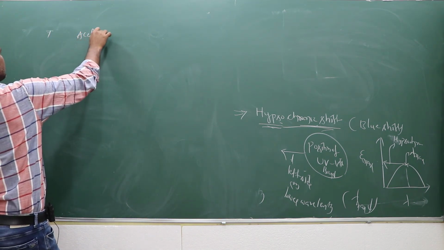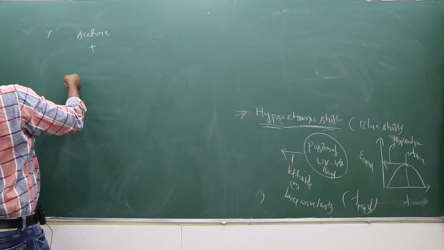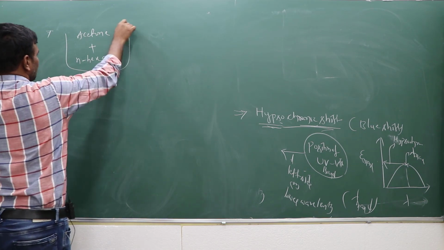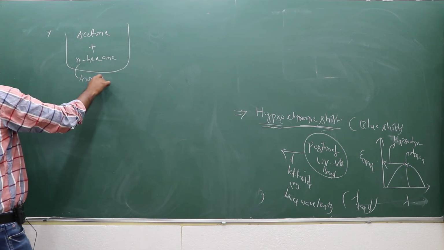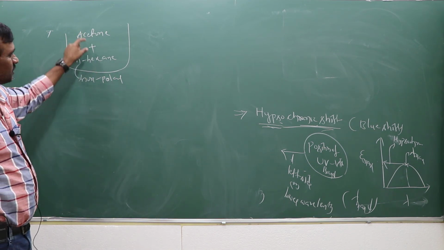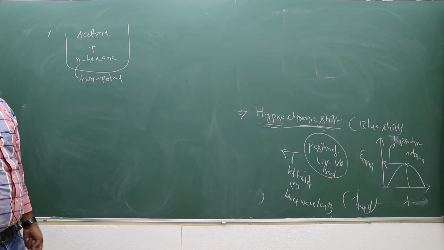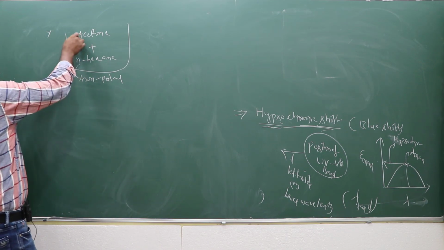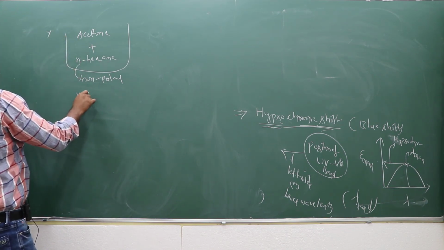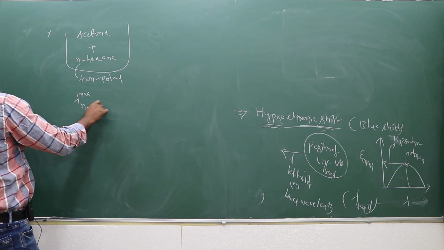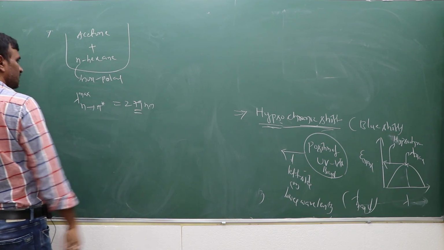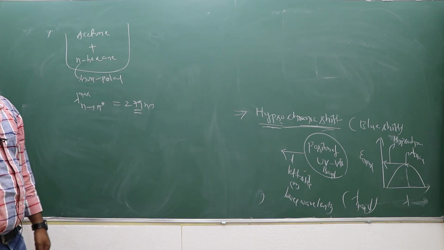Acetone in the presence of n-hexane. n-Hexane is a non-polar solvent. Acetone taken in a non-polar solvent, n to pi star and pi to pi star transitions both are possible. I can explain what a transition means later. The lambda maximum of the n to pi star transition of acetone is 279 nanometers in non-polar solvent.